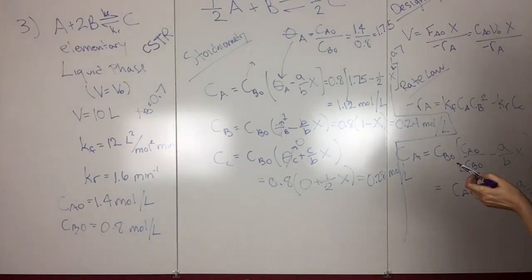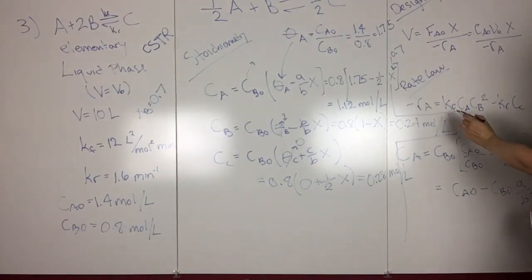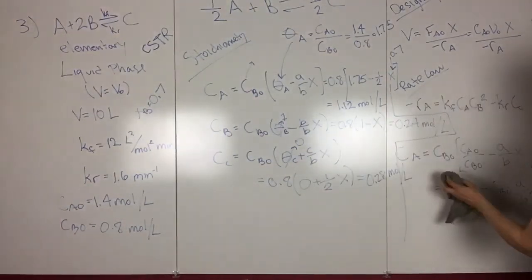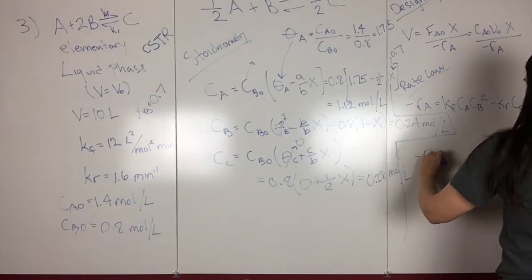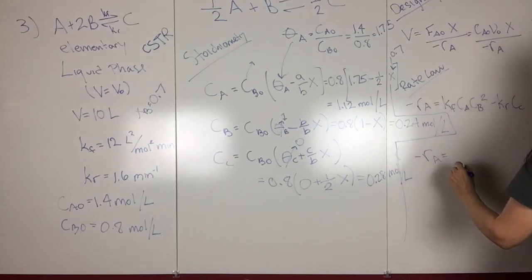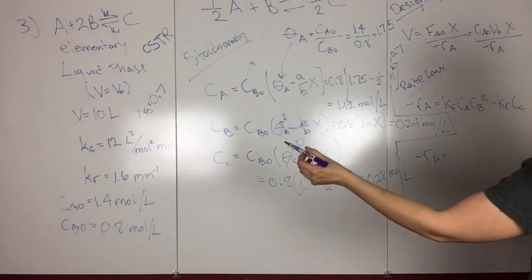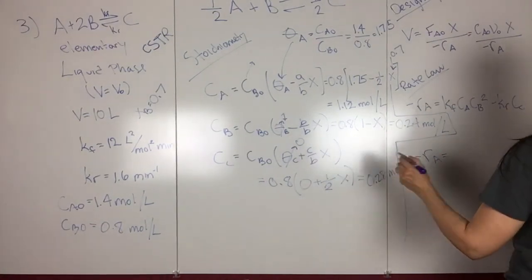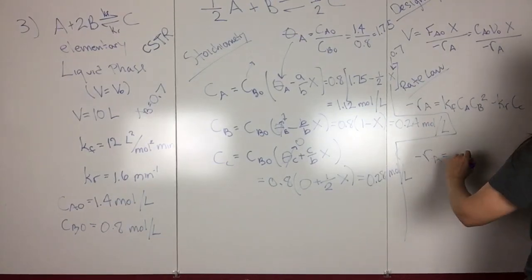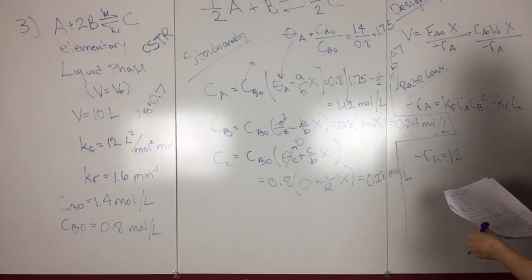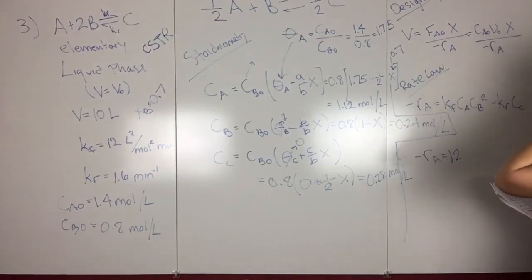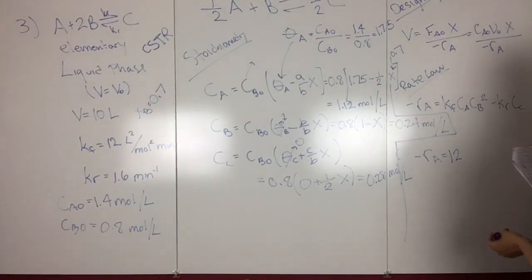So then we should have everything we need to calculate the rate. So I'm going to erase this real quick. So we have the rate is equal to, and we know what Kf and Kr are. Kf is 12, and normally I should write down all the units, but I'm not going to because I'm going to run out of room. So I already know they work out.